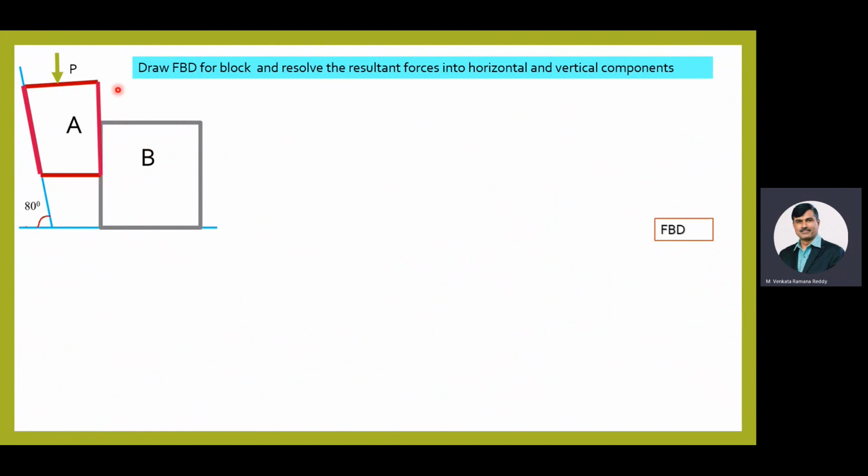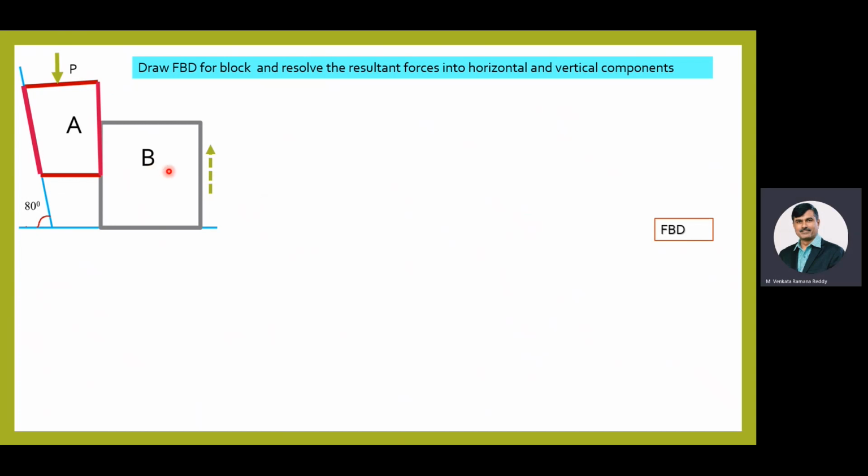Here this is the block and this is the wedge. We are applying a force P on the wedge. With that, the block tends to move along the horizontal floor in the rightward direction and tends to move upward along the contact surface of the wedge.